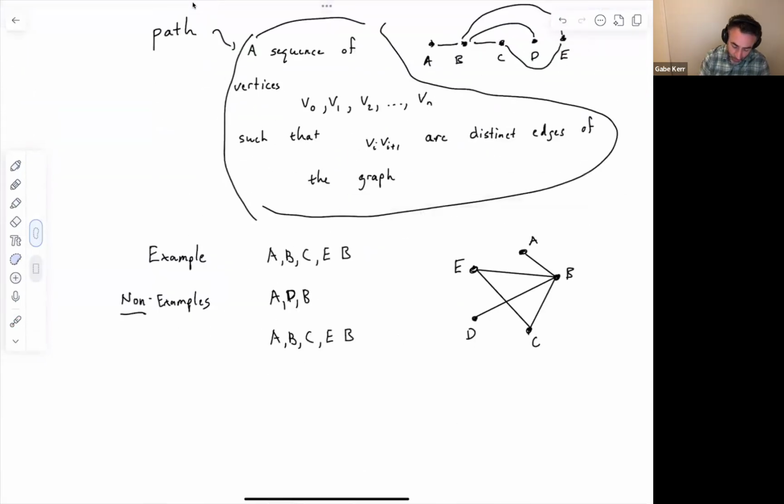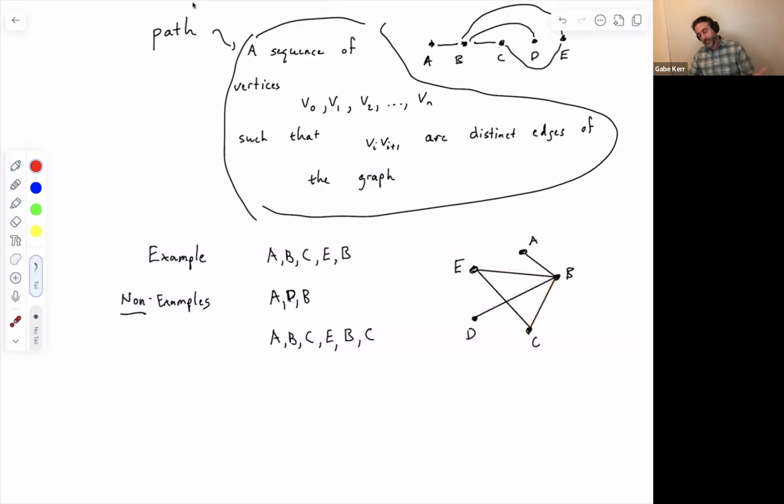So I decide to keep going, and I go to C. You might say, okay, let's give it a try. I go from A to B. I go from B to C. I go from C to E. I go from E to B, and then I go from B to C.